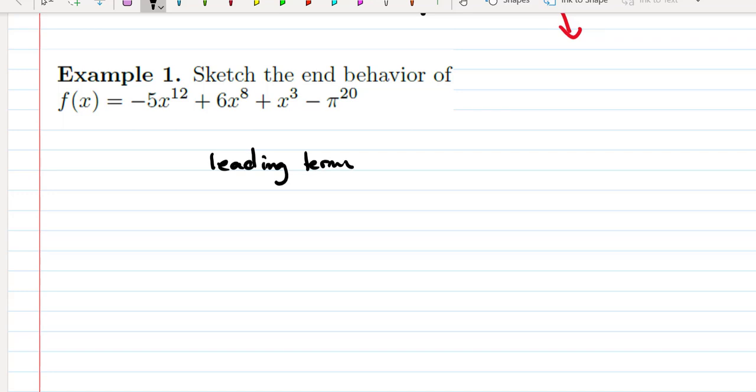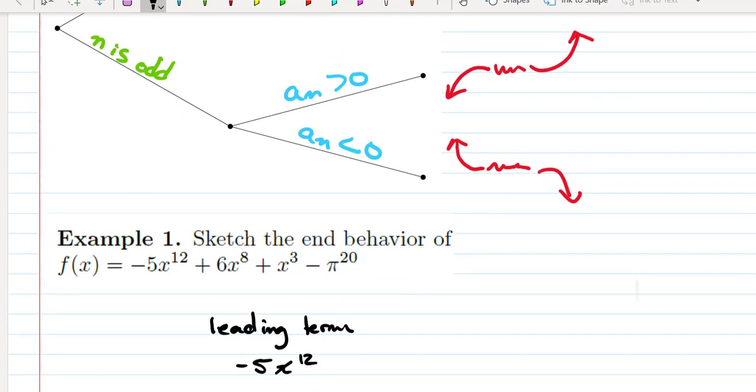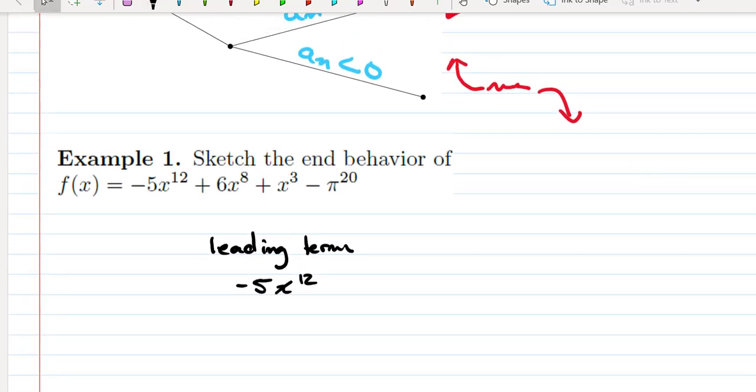Well, our biggest exponent on a variable, so remember, pi is a constant, so our leading term is negative 5x to the 12th. And we need our n and our a sub n. So our n is our degree, so that's going to be 12. And our a sub n, I wanted a highlighter, not a pencil.